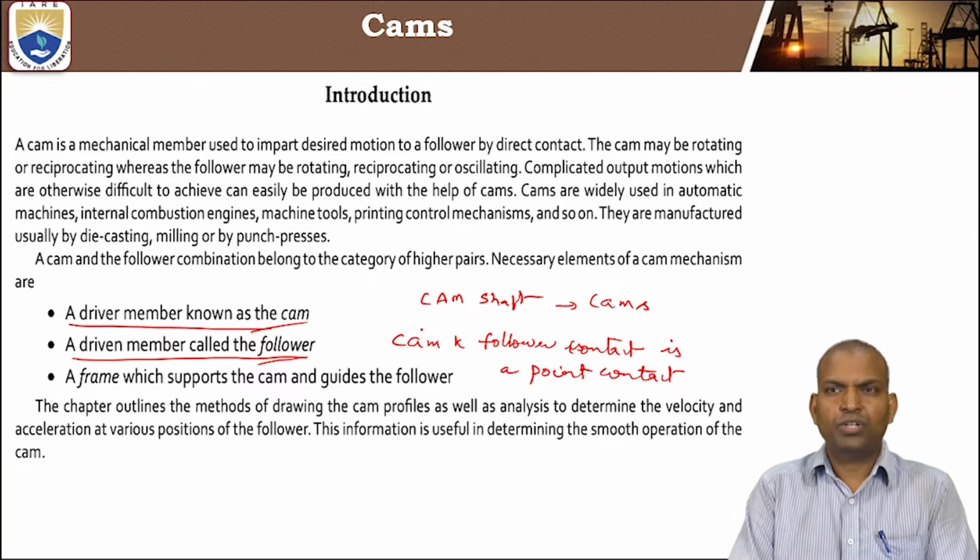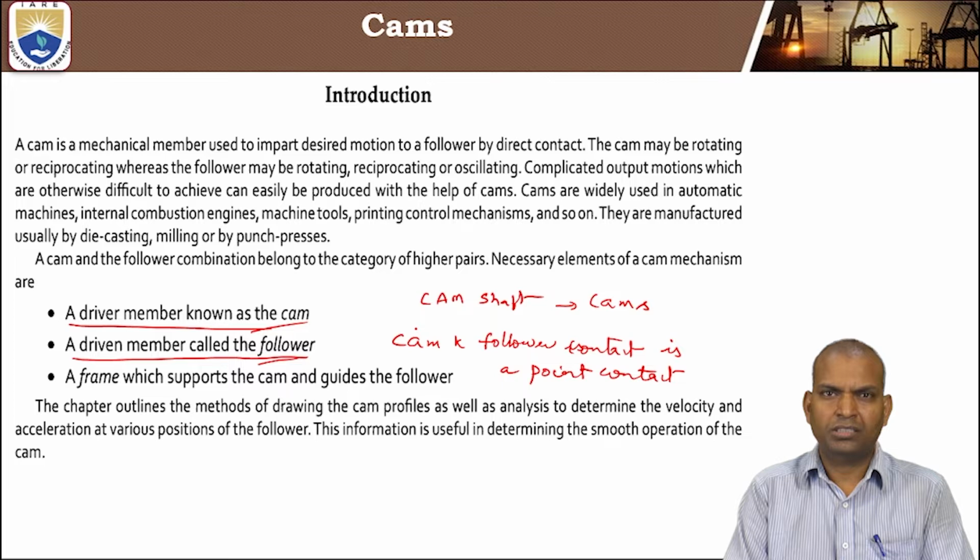Why are we going to study this? What is the use of these cams? Cams are usually manufactured by die casting, milling or punching presses. These are the different fabrication processes to manufacture cams.